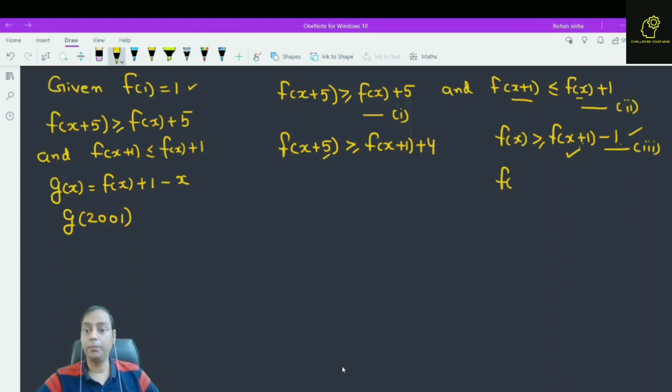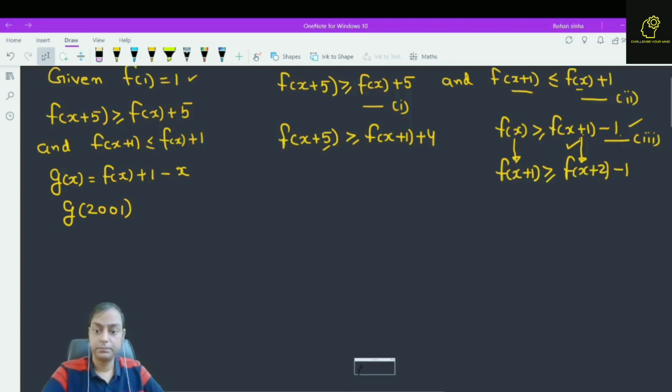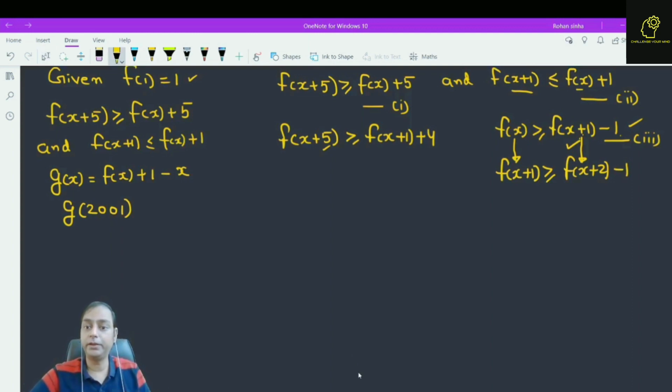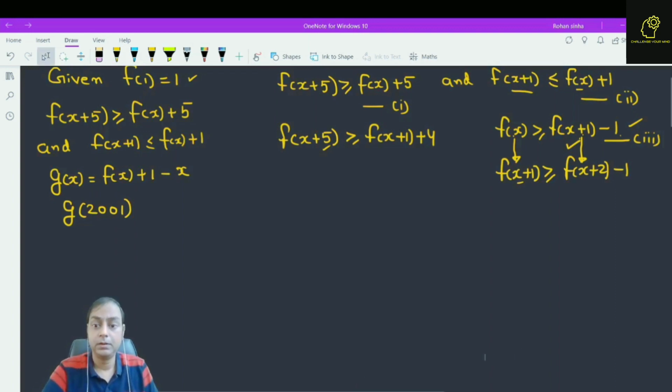Now from equation 3, f(x+1) is always greater than or equal to f(x+2) - 1. What we have done in this step is simply replace x with x+1, so x+1 becomes x+2 minus 1. Now f(x+5) is greater than or equal to f(x+1) + 4.